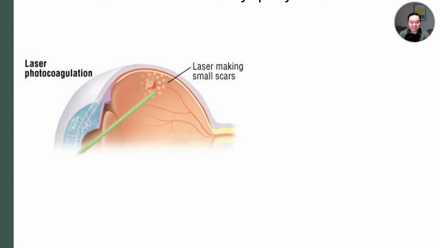And this is to cause scarring. It will help seal the retina to the underlying tissue. Again, the beams will be intended to cause scarring in order that the retina will attach back into the underlying tissue in order to prevent further fluid accumulation and for further detachment.